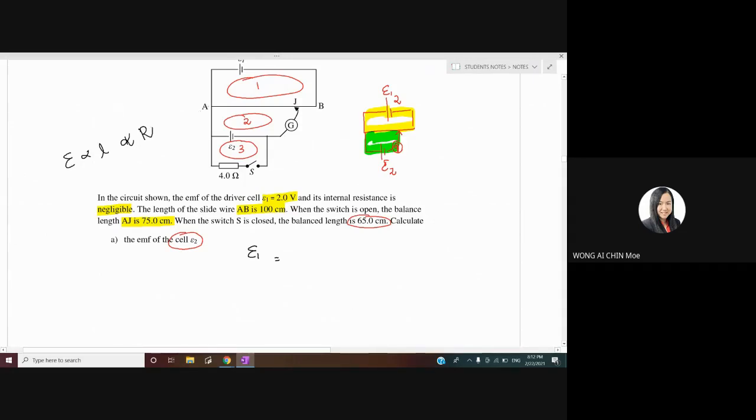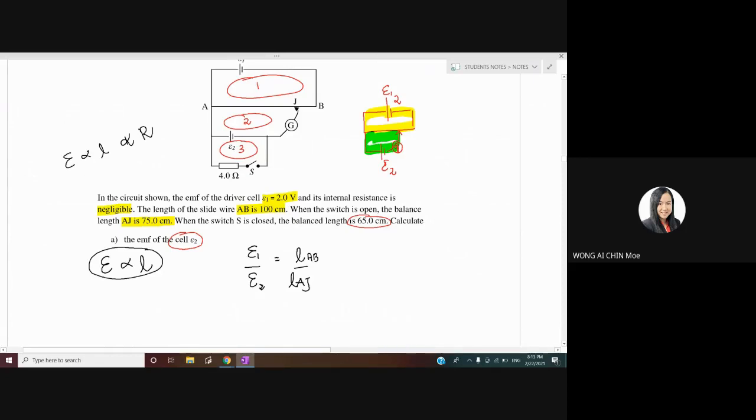Since we have the wire, we take the relationship that EMF is directly proportional to length because we don't have resistor. So we take epsilon 1, L1, epsilon 2, L2. L2 here is actually LAJ. Just now L1 is LAB.